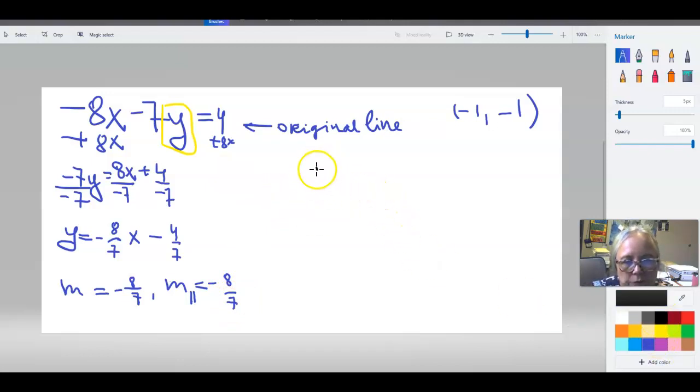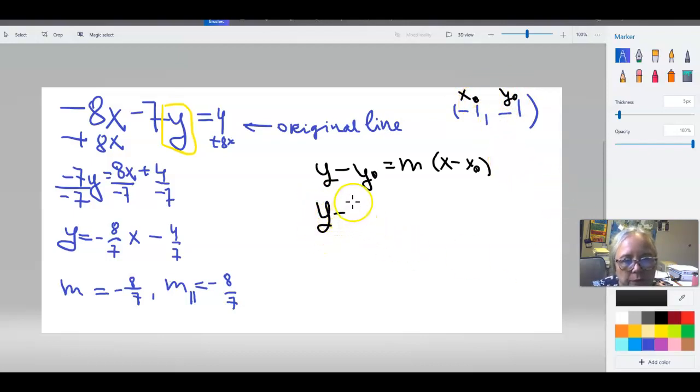I will use point slope. So y minus y sub 0 equals slope times x minus x sub 0. So this is your x sub 0, this is your y sub 0. So we need to plug in into this equation.